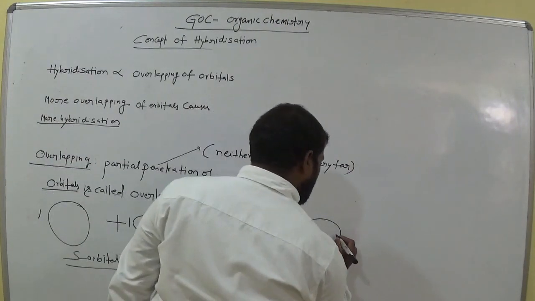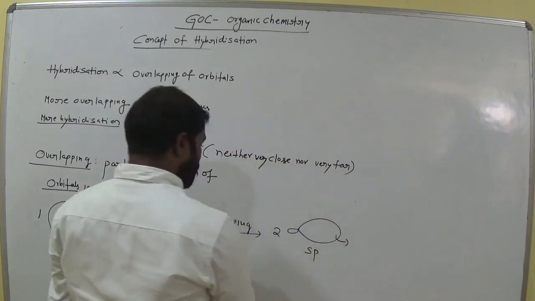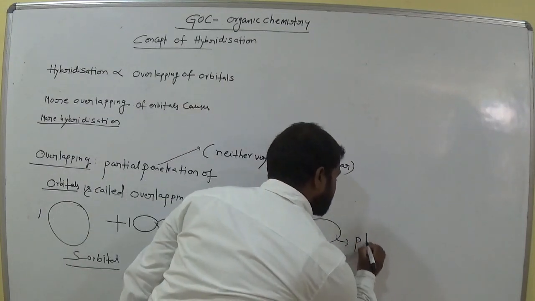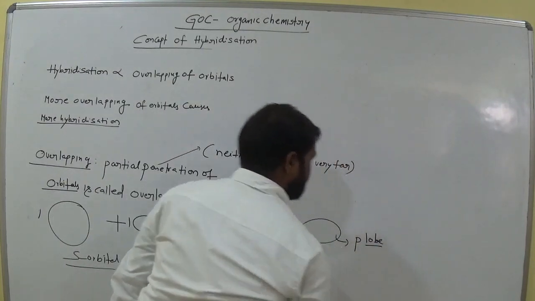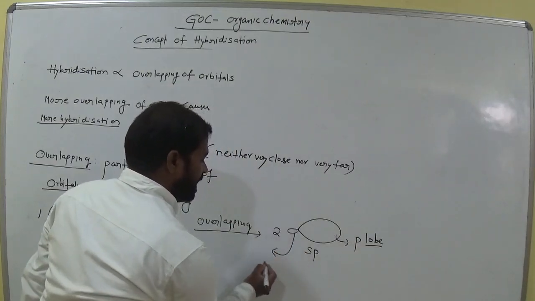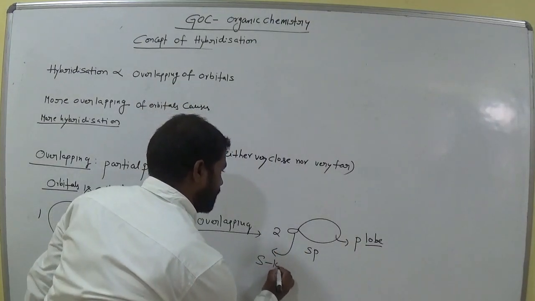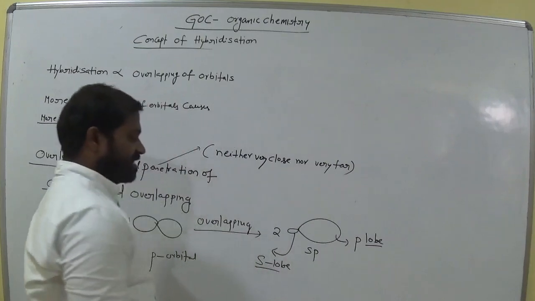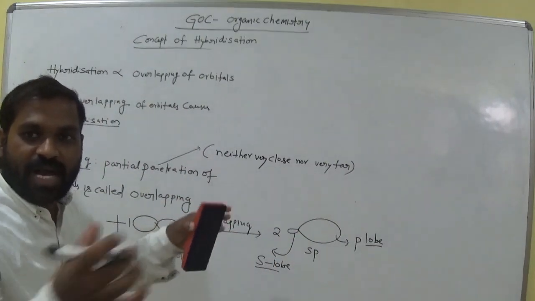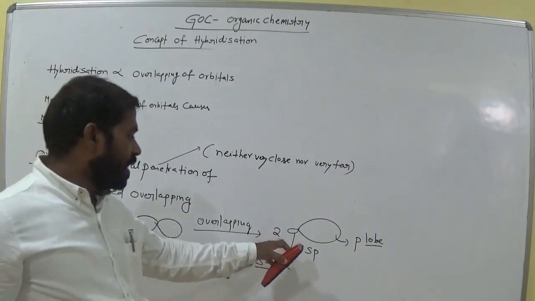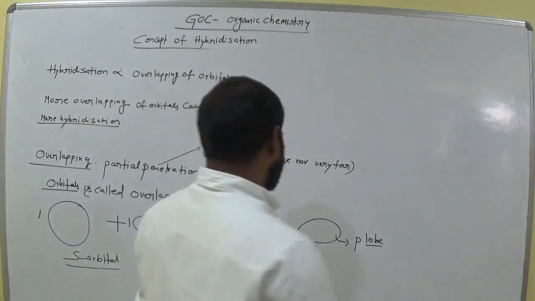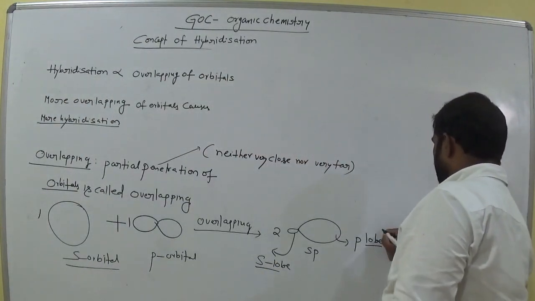This is a lobe. The big size lobe is related to the p lobe, and the small size lobe is related to the s lobe. This phenomenon is called penetration, overlapping. So here two sp hybrid orbitals form lobes. Can I write like this?